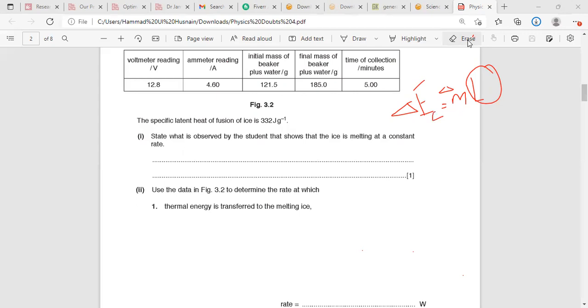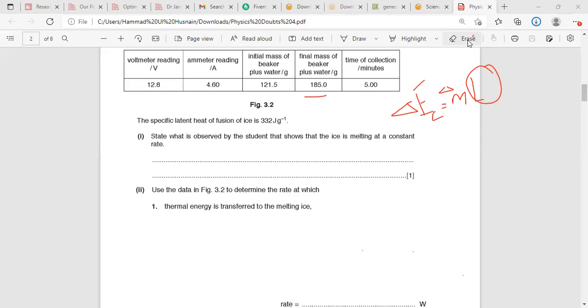So this is how we can find it. Now we are given the final value of mass and the initial value of mass, so we can just plug in the values.